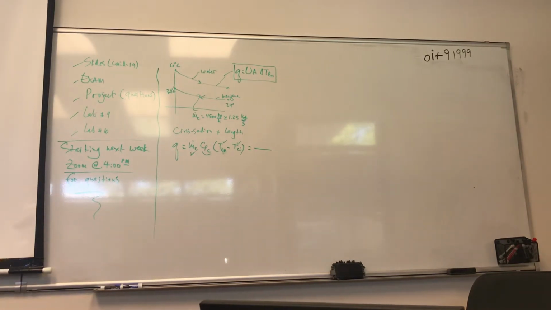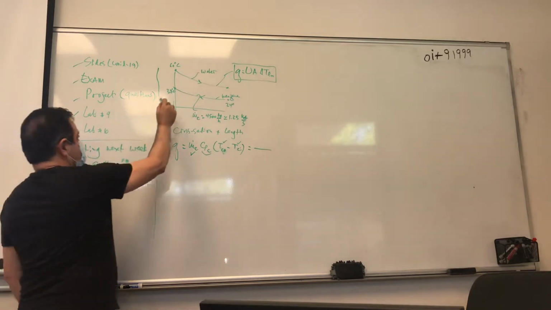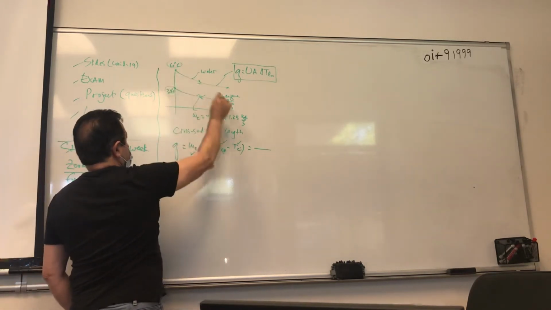Now, delta T LM is what? It's the log mean temperature difference. And log mean temperature difference requires how many temperatures? 4. And how many do we have? 3. We have 3, okay? So how do we find the fourth one?